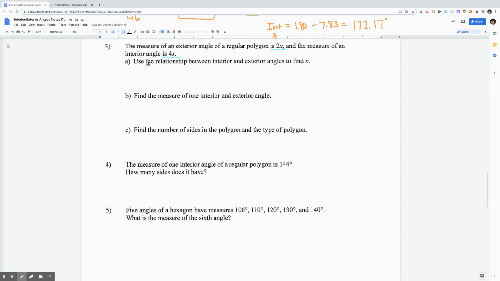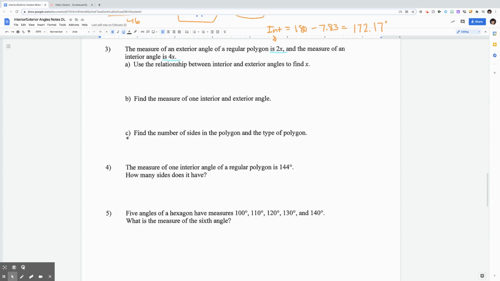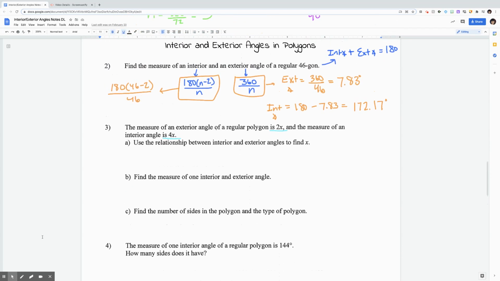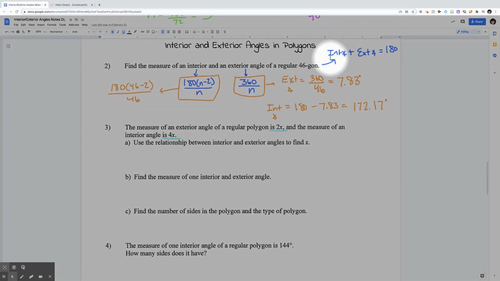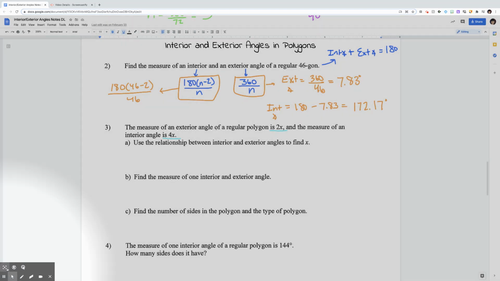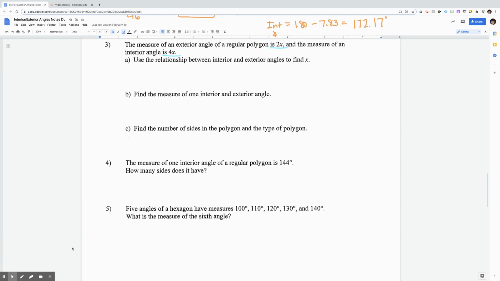Part A says to use the relationship between the interior and exterior angles in order to find some missing values. If I sketch this out, no matter what this polygon looks like, I have my interior angle here is going to be 2x.